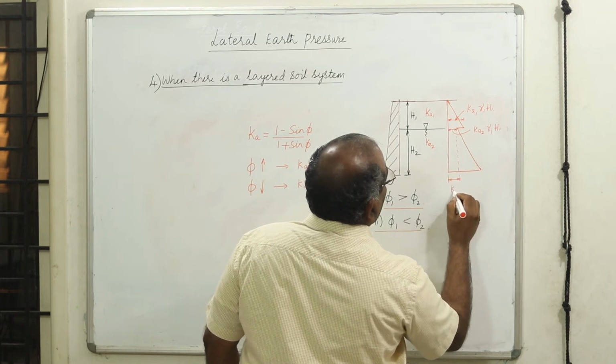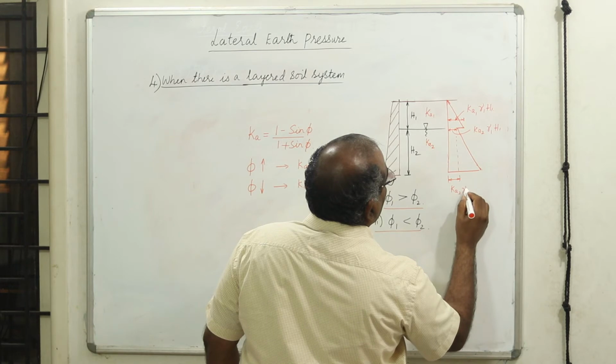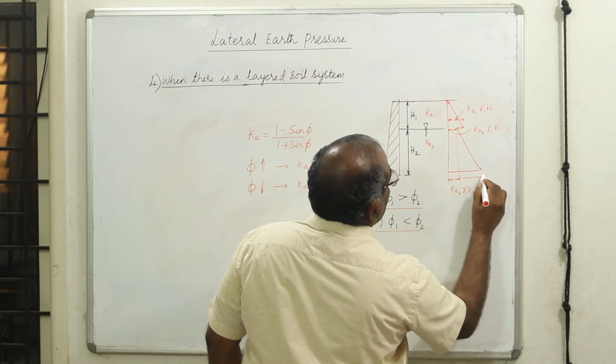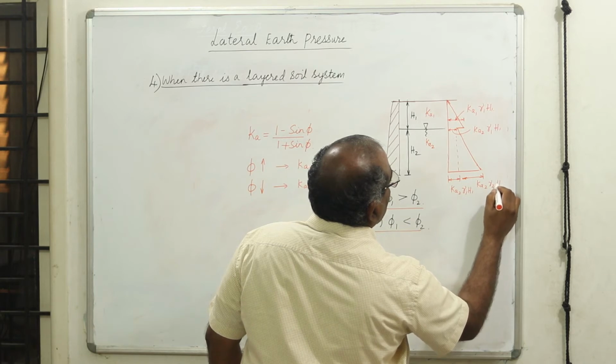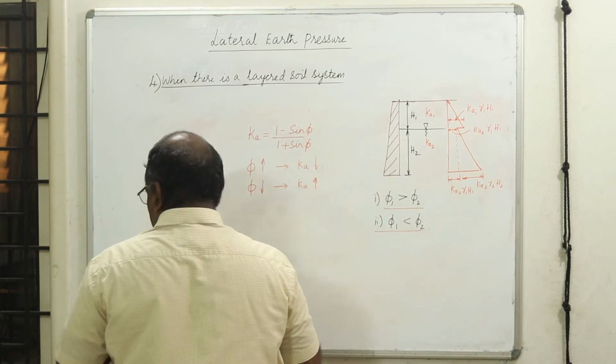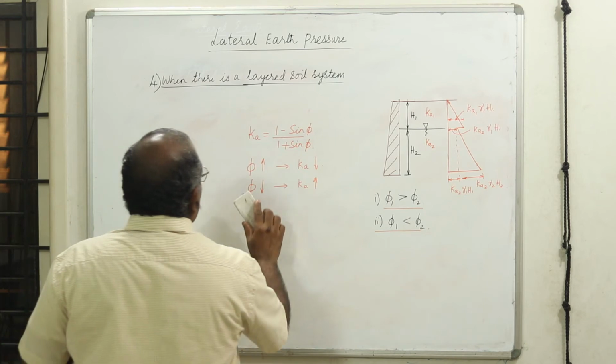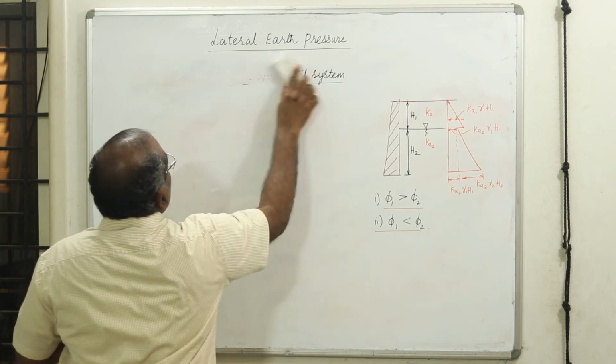This will be Ka2 into gamma 1 into H1, and this will be Ka2 gamma 2 into H2. This is for layered soil system. We'll go to the next case.